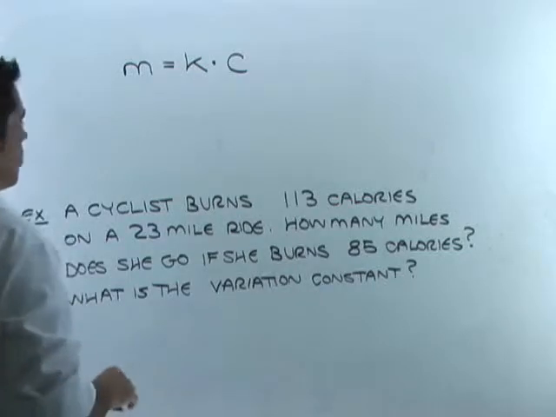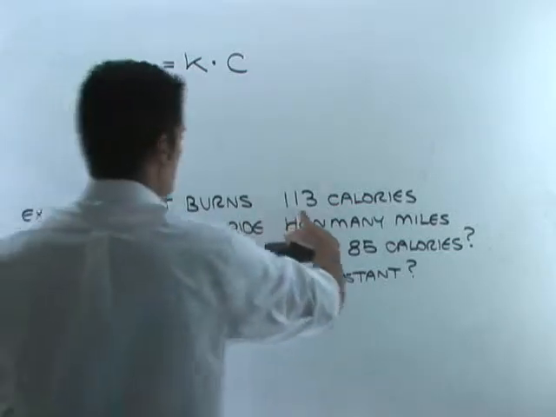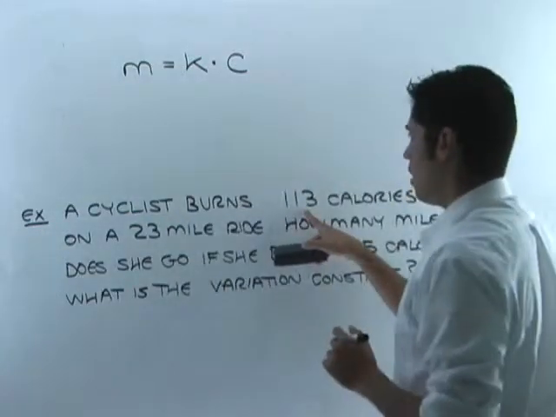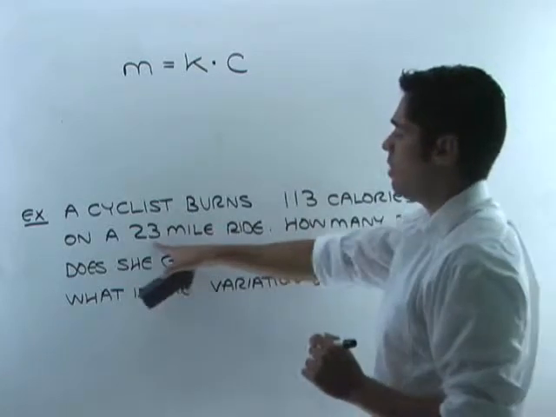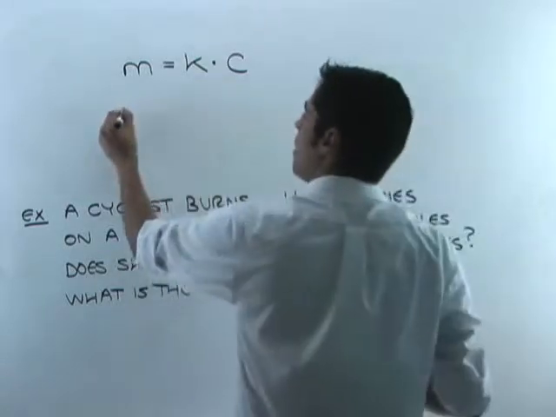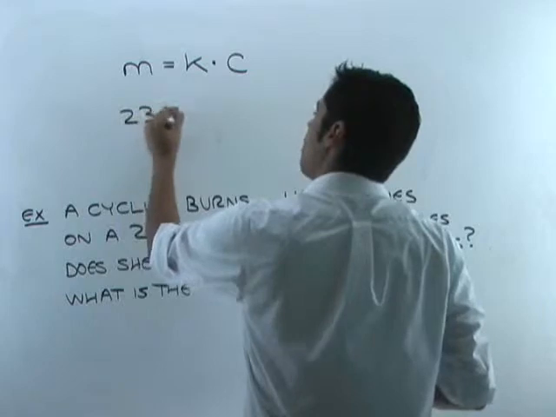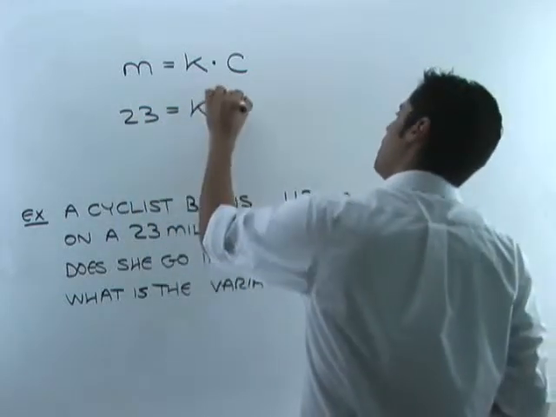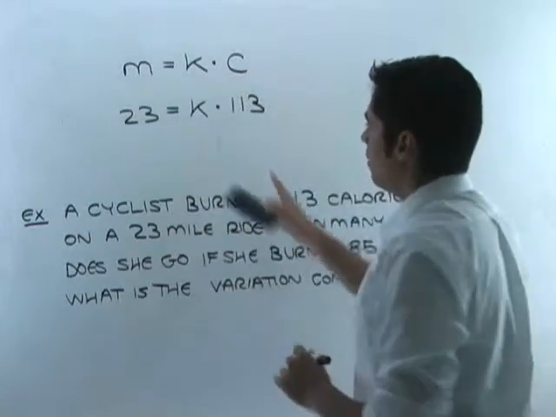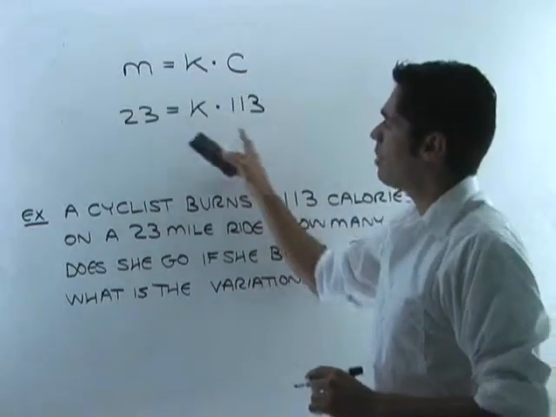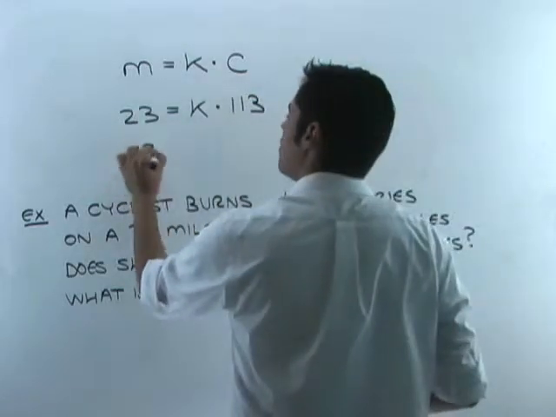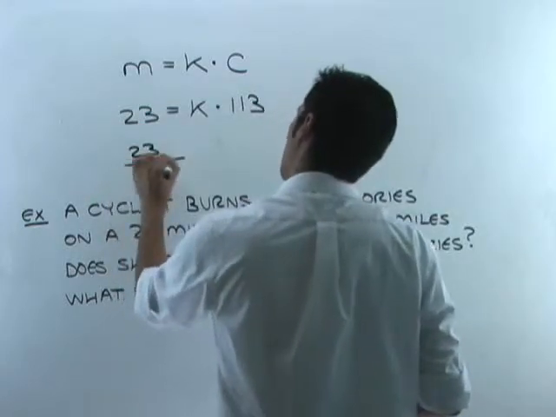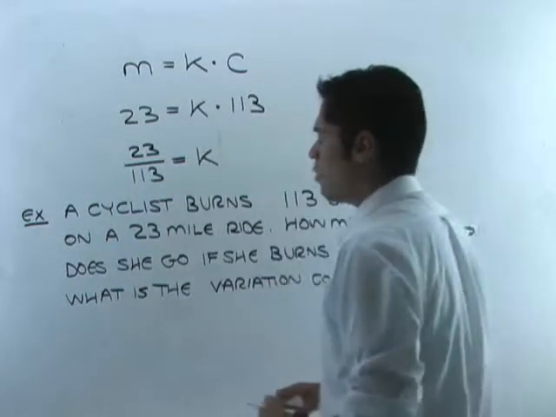Now, the first thing that we're given is that she burns 113 calories and goes 23 miles. So if I replace the m with 23 and I replace the c with 113, then I can take this equation now and solve it for k. So I divide both sides by 113 and I get my constant of proportionality.